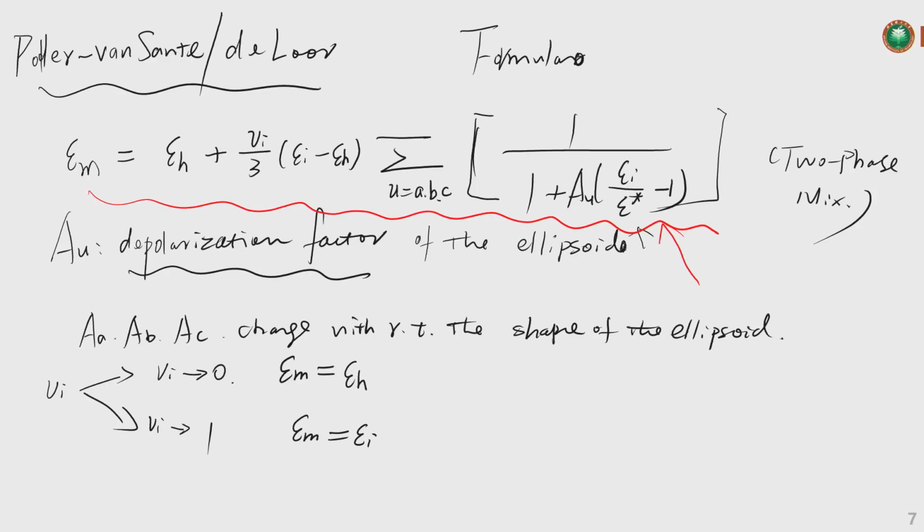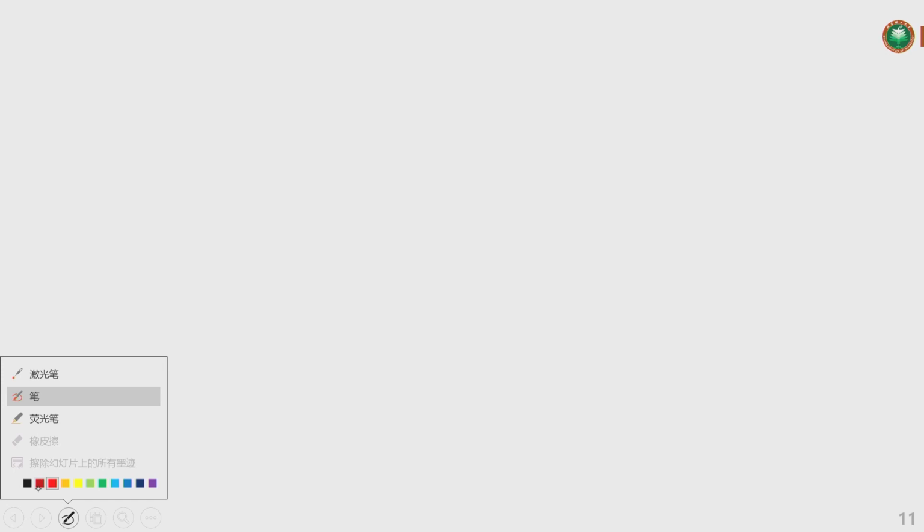Actually, if you take measurements on that, there would be some discrepancies between the calculations and the measurements, because such an assumption is not enough for the theoretical models. So there is another model proposed. This model has a special name. We call it the TVB formulas.